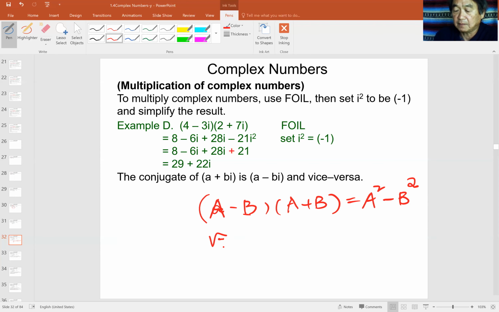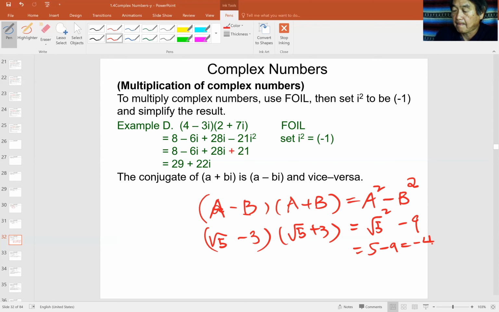So if I have root 5 minus 3 times root 5 plus 3, I get root 5 squared, which is 5, minus 3 squared, which is 9. So that's how conjugates multiply.